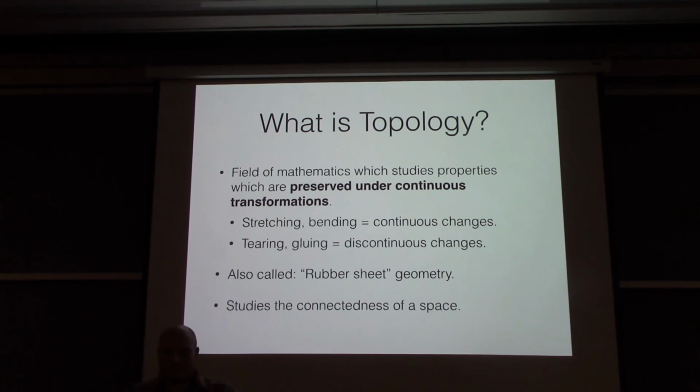Topology in mathematics studies properties of scalar fields, or actually any fields, which are preserved under continuous transformations. So stretching and bending would be examples of continuous changes. And anytime you have tearing or gluing, like trying to piece a mesh together, adding a vertex, any changes in connectivity are discontinuous changes.